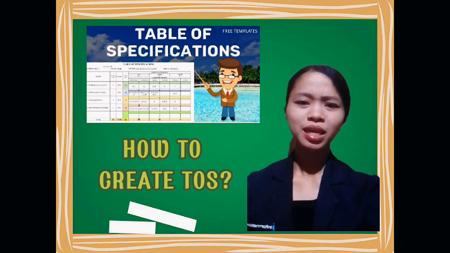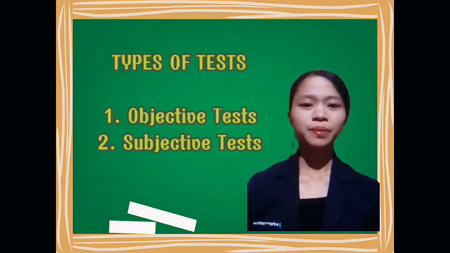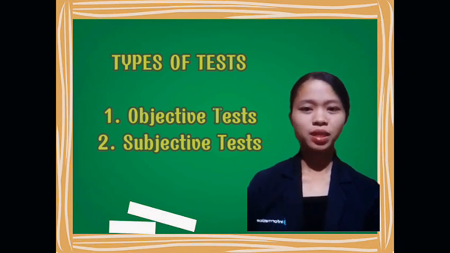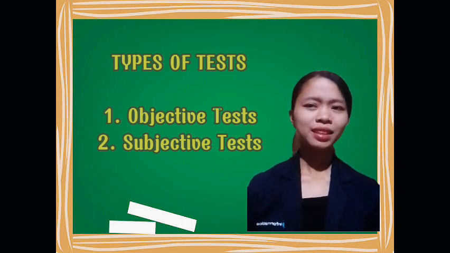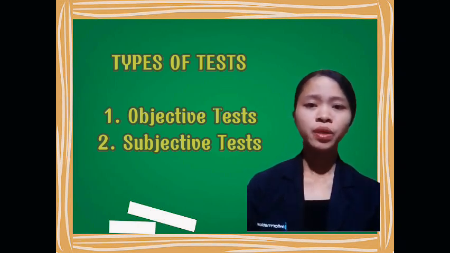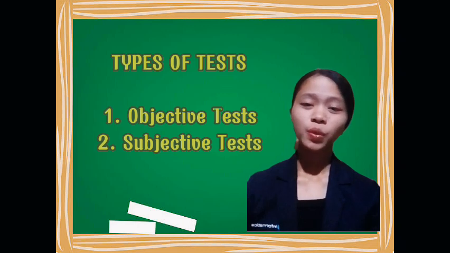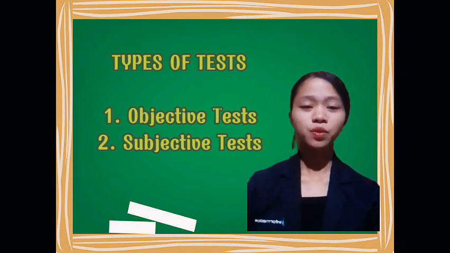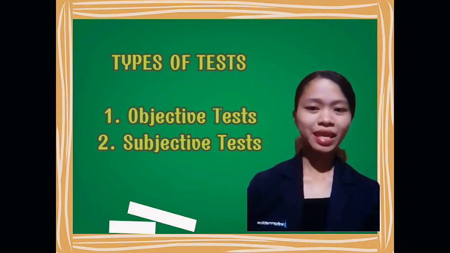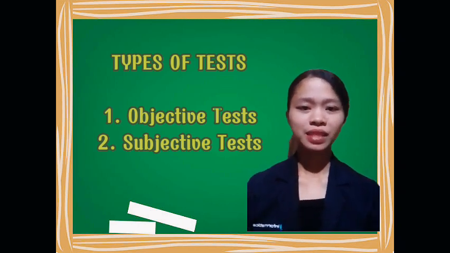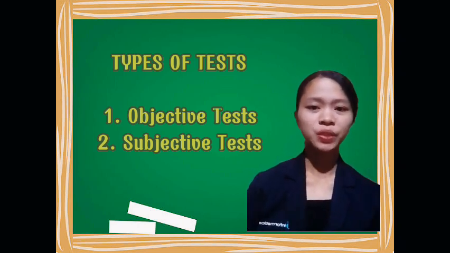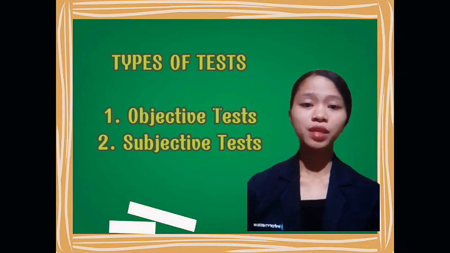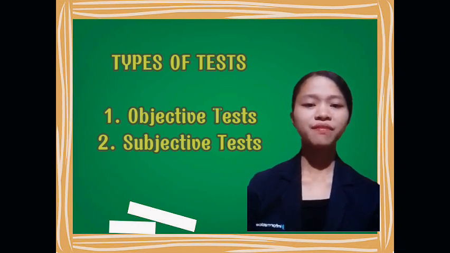To proceed, I also learned about the types of tests. We have two types: the objective test and the subjective test. For the objective test, we have multiple choice, true or false, matching type, and short answer type. We also have completion, identification, and lastly, the labeling type of test.